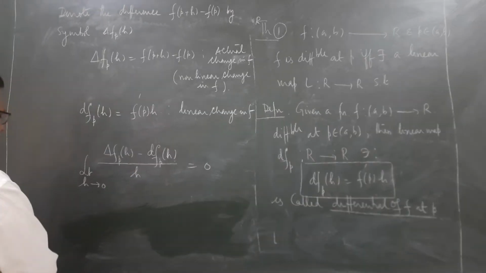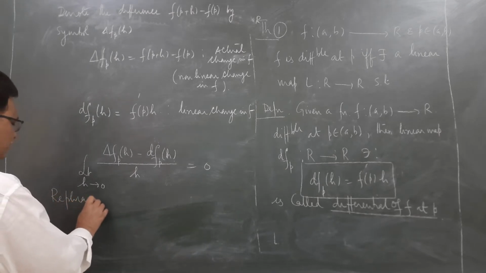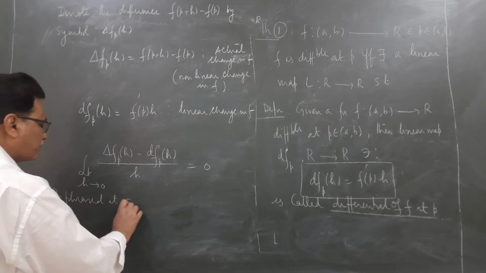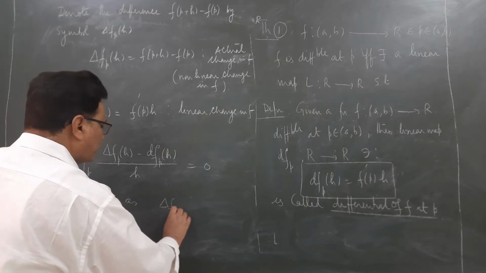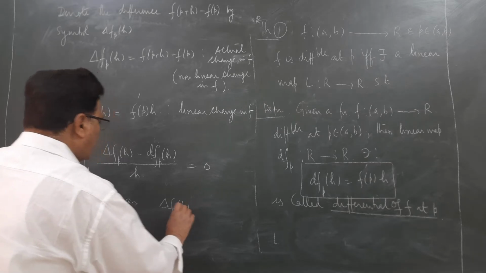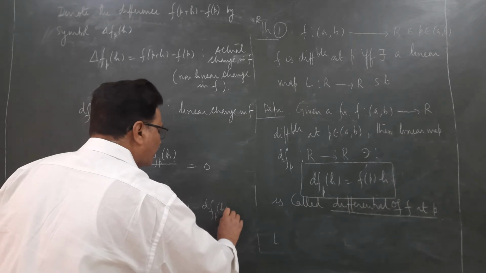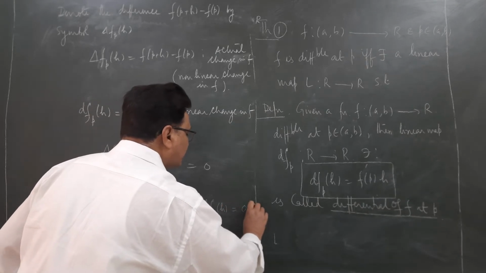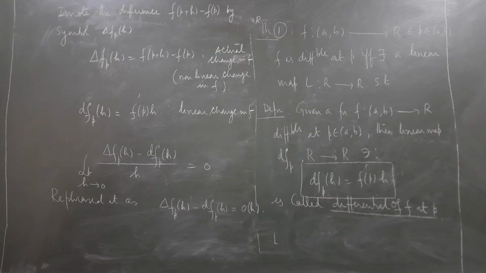Now this fact is rephrased as Δf_p(h) minus df_p(h) equal to o(h). Here o(h) always stands for terms or functions of h which go towards 0 faster than h.